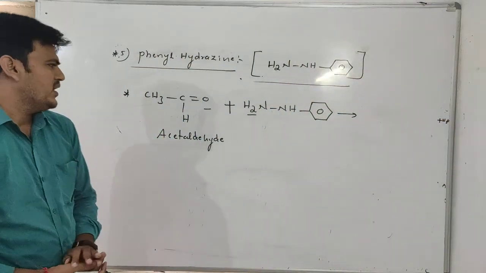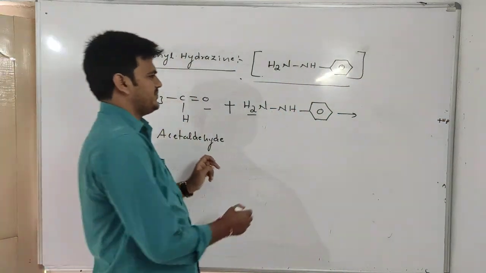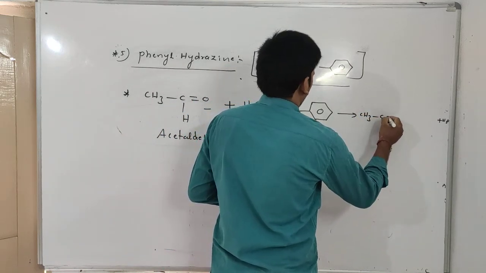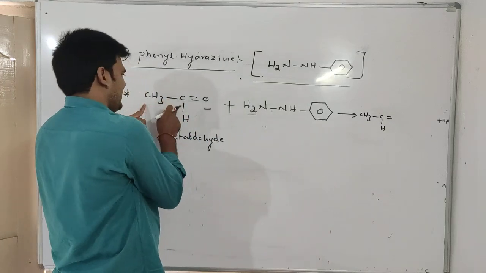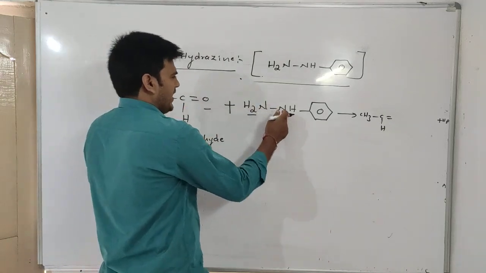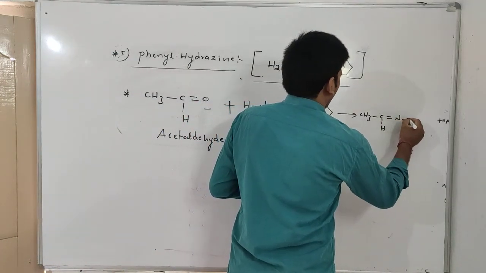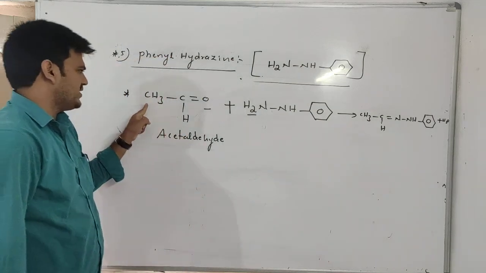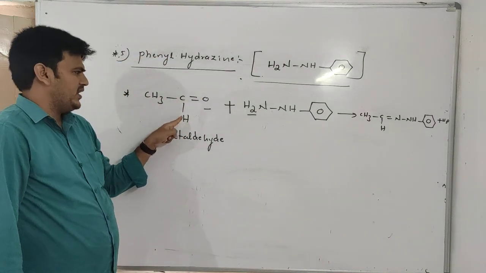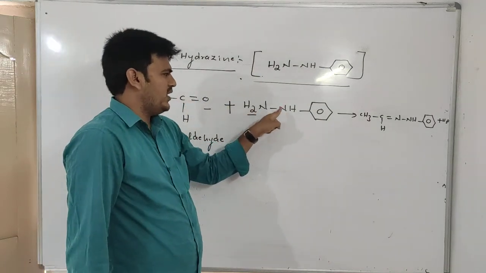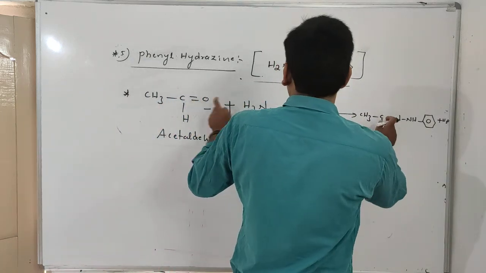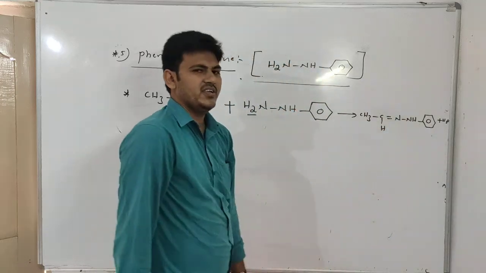The remaining answer is CH3CH=N-NH-phenyl ring.